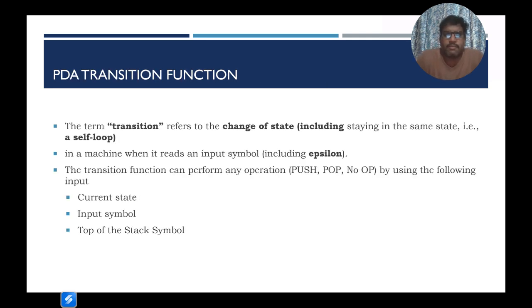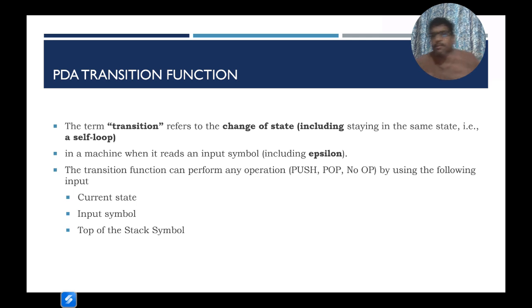The transition of a PDA. The term transition refers to the change of state from one state to another state by reading input. It moves to a new state, or it has a self loop in the machine, when it reads the input symbol, including epsilon.